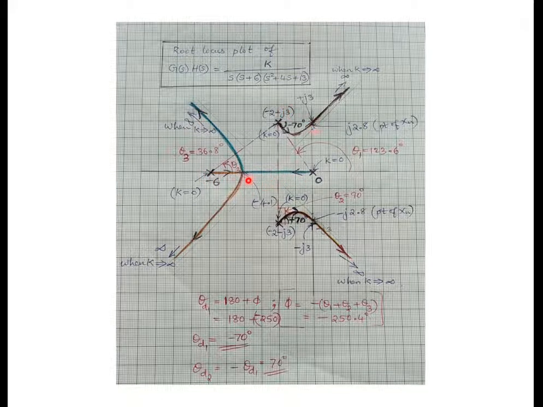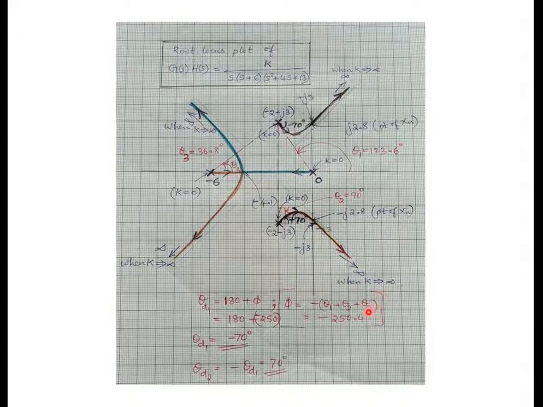So tan inverse 3 by 4 will be obtained as 36.8. So you have to add these three: phi is minus of this full combination, 123.6 plus 36.8 plus 90, so you will get minus 250.4.